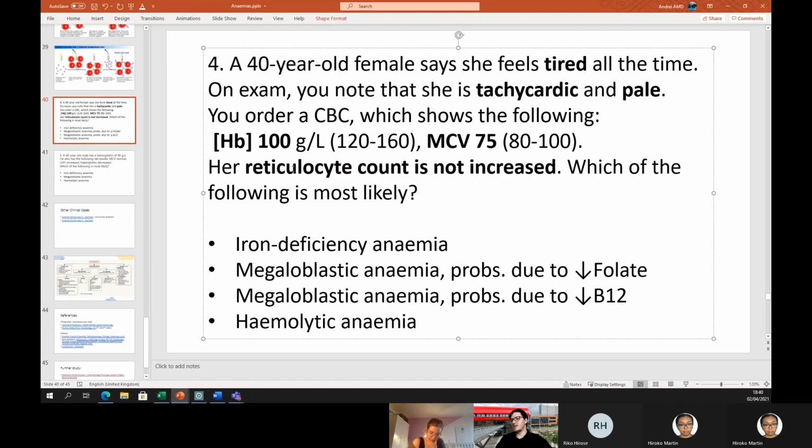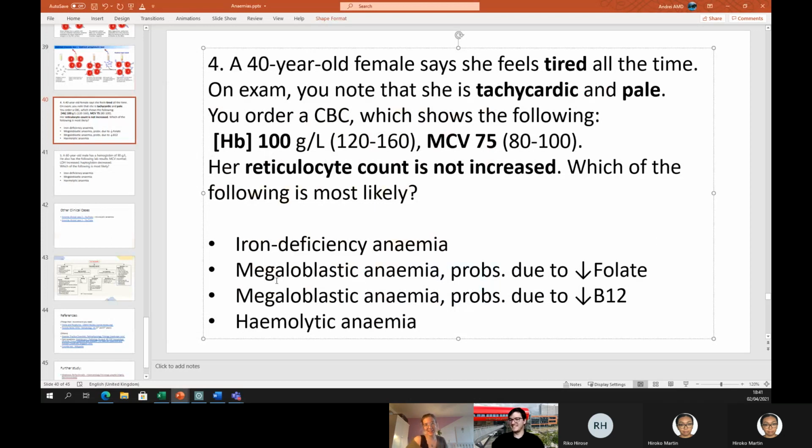So reticulocytes, predecessors of red blood cells, if the bone marrow is trying to make up for destroyed red blood cells, and it can because it has enough supplies of everything, then this will be increased. So what do you think is the most likely cause right here? Okay, since I have time and I'm the only one, it's my time to shine.